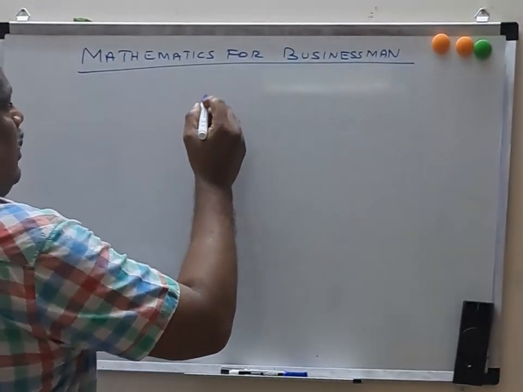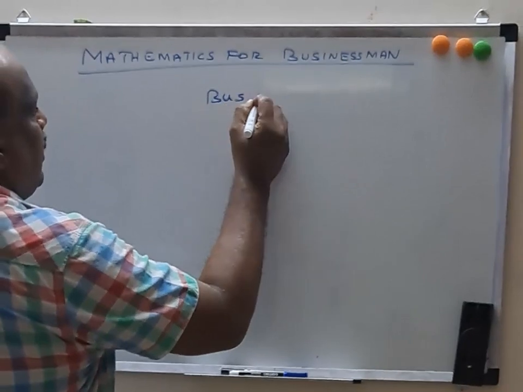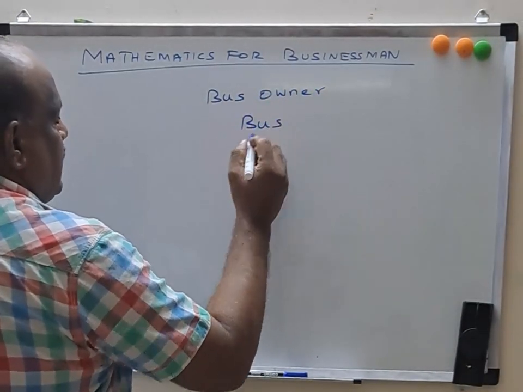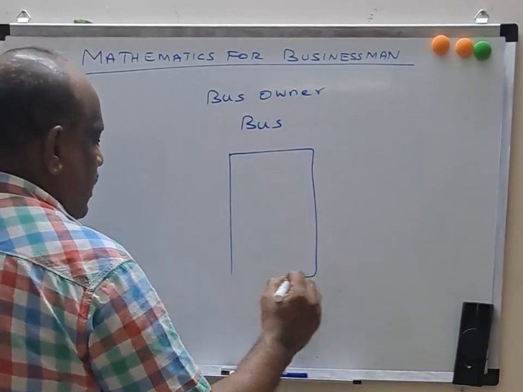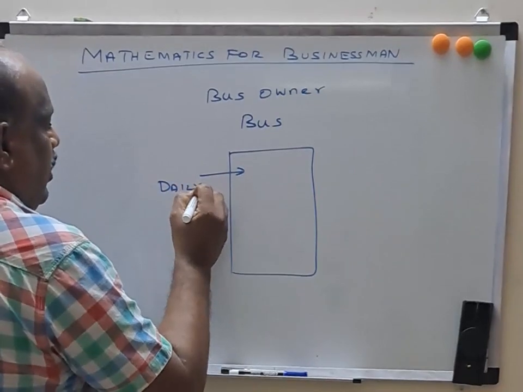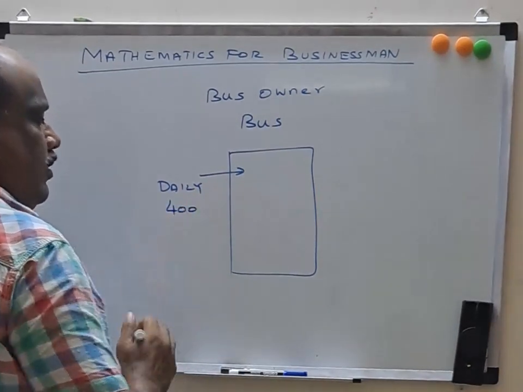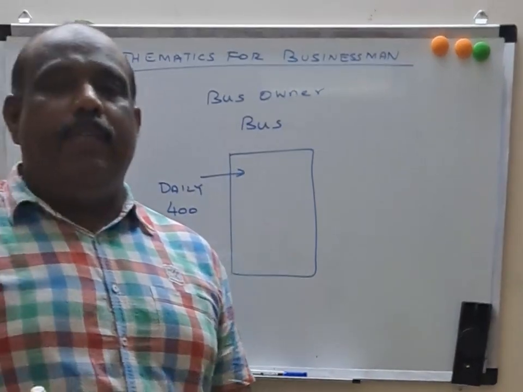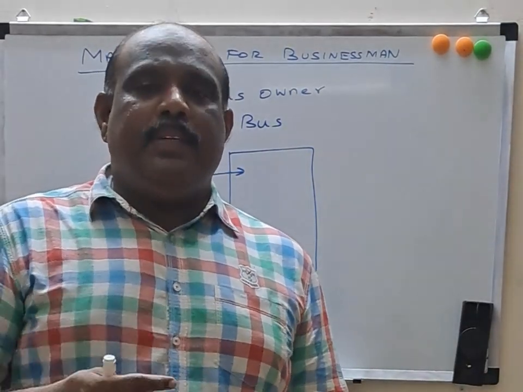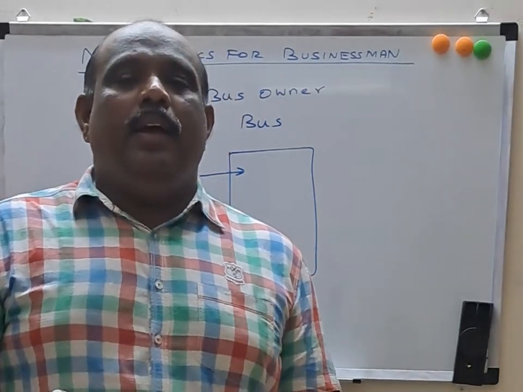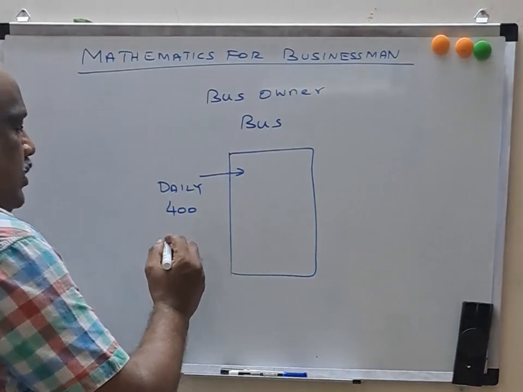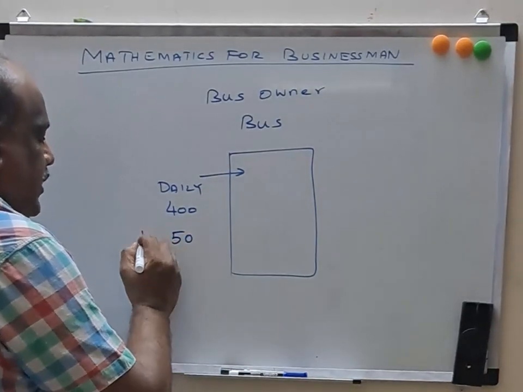Now, a bus owner is there. He owns a bus. In his bus, daily 400 persons are traveling on an average.